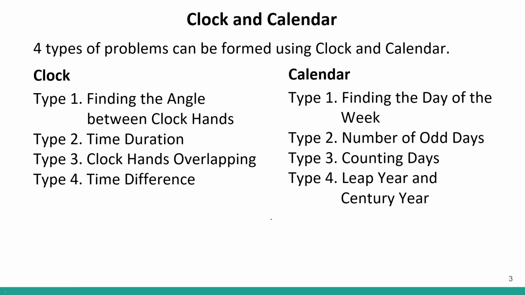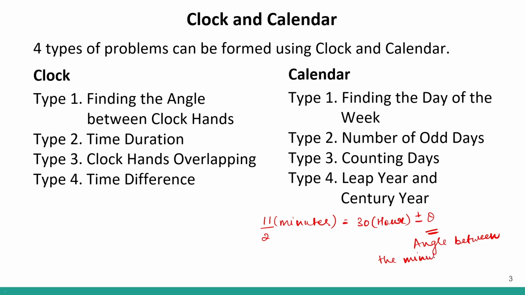Then we discussed one more thing, which was a very important formula. So the formula was 11/2 into minutes equals 30 into hour plus minus theta. So what does theta signify? It is the angle between the minute and the hour hand.